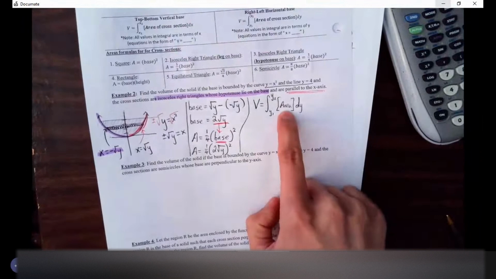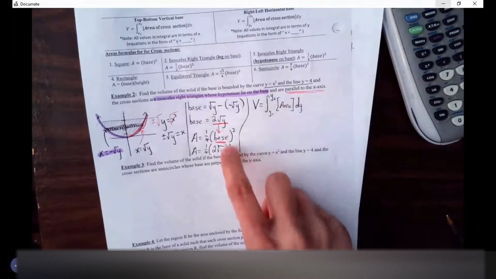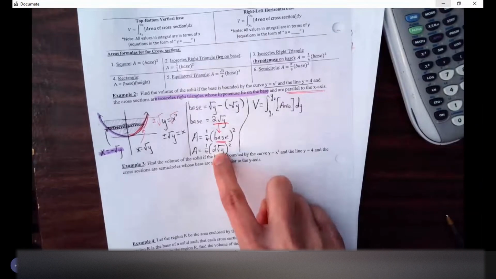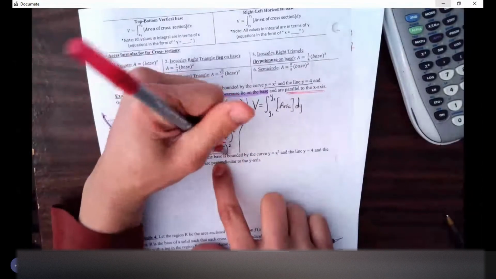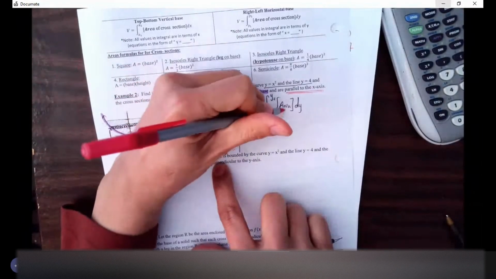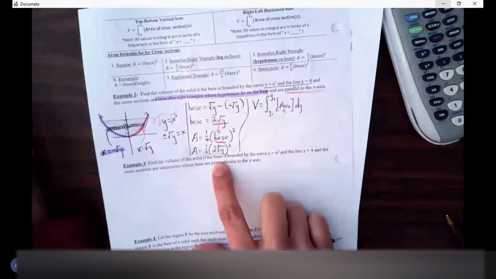I'm just inserting whatever area that I want to put. In this case, I want the area of the isosceles right triangle. So this is going to go in this slot here.